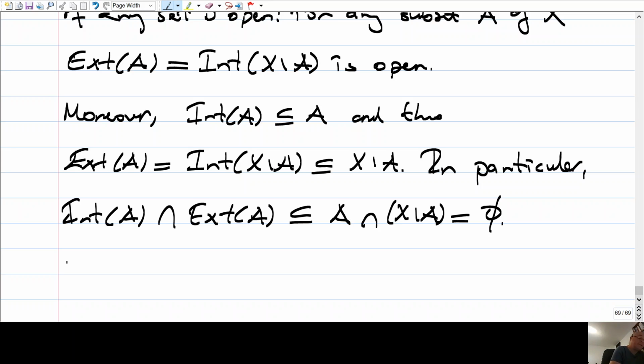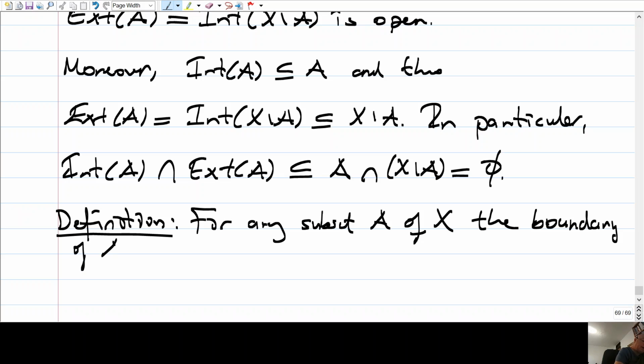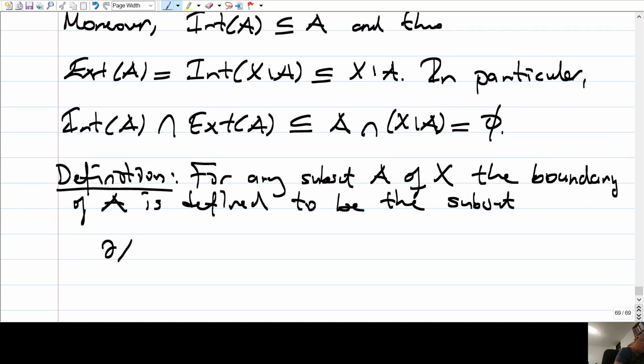We define a third subset related to A, and it is the following: boundary of A. The boundary of A, for any subset A of X, is defined to be the following.